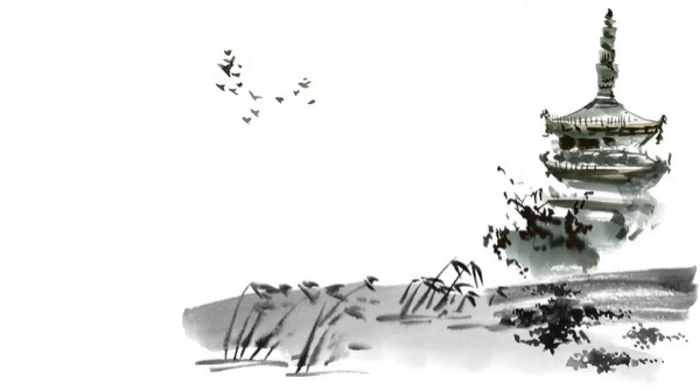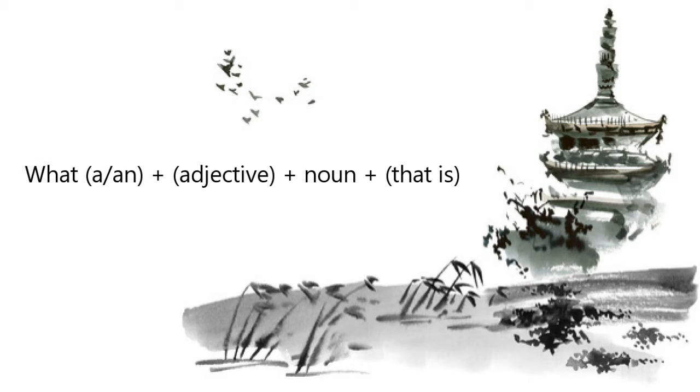Now the next structure we are going to look at is one where we start the sentence using what. Let's have a look. So in this structure, we use what, an, then we put our adjective, then a noun, then that is. Once again, let's look at a picture. So we have a picture here, and you want to make a comment about this picture.